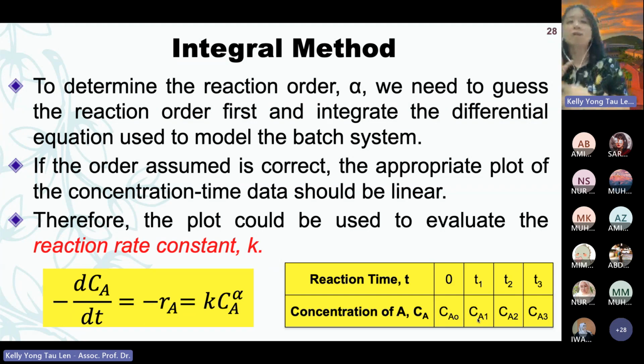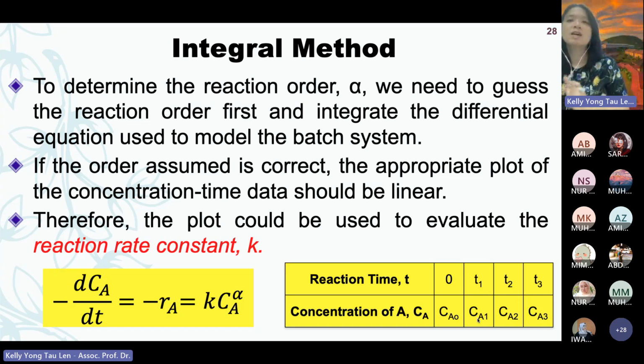The con of the method is that in the previous methods, the half-life method and the differential method, you only apply one equation. Based on one equation, plot the graph, we can already know alpha and K. For the integral method, the main con is that you have different equations for different reaction orders. Meaning if it is zero order, I have a different equation, so I have to plot the graph according to the equation for zero order.